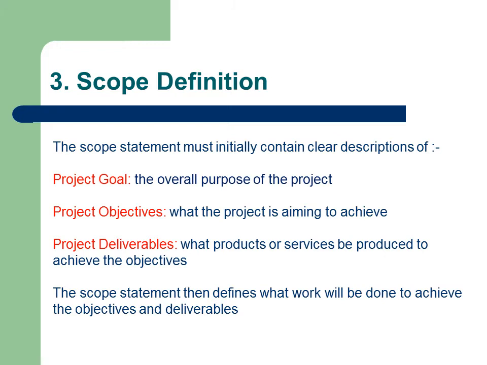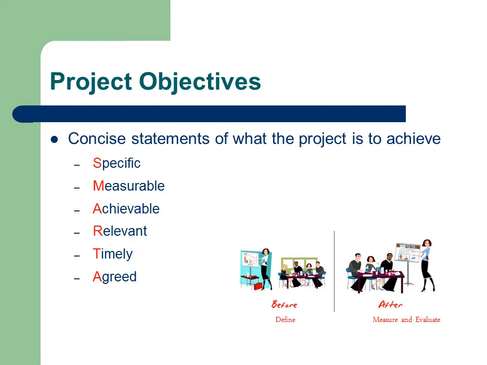These are specific statements about what the project is aiming to achieve. Objectives are the benchmarks against which the project success will be measured. The project deliverables must also be defined. These are the products or services which will be produced as a result of undertaking the project. The scope statement then goes on to describe what work will be done in order to achieve the objectives and deliverables.